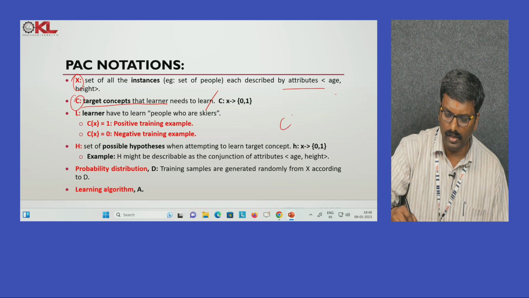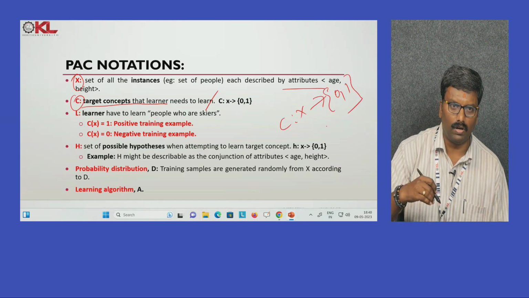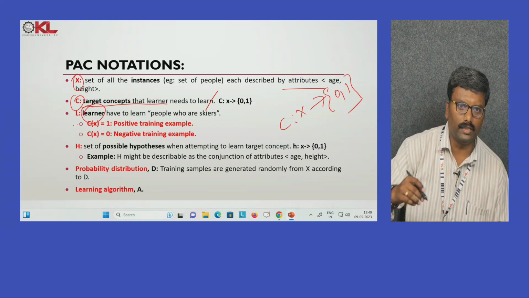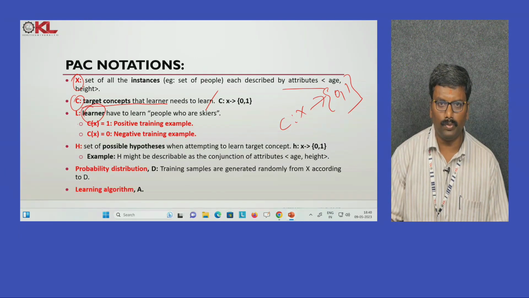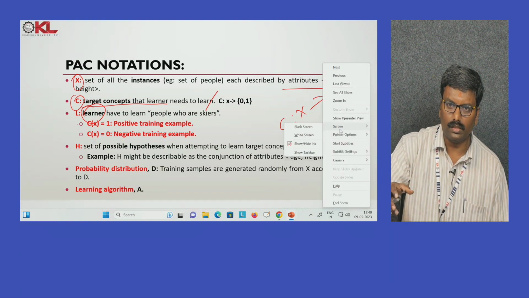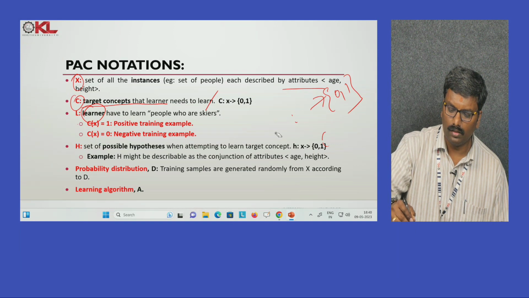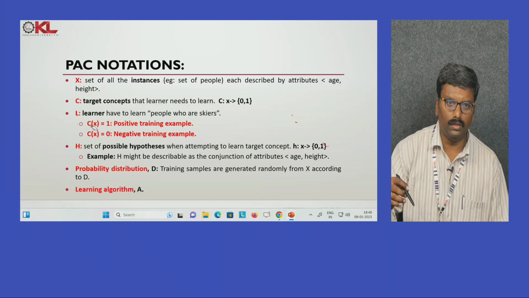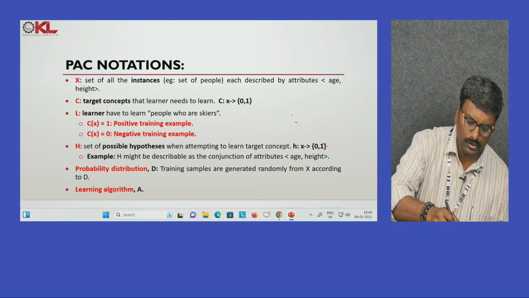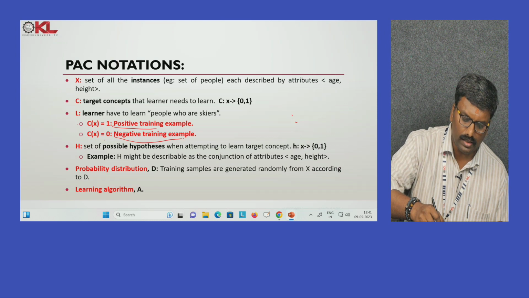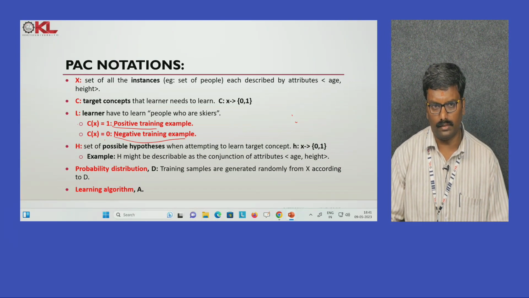C is defined as X mapping to {0, 1}. The third one is the learner, denoted L, which has to learn, for example, people who are strikers. Here C(x) equal to 1 is a positive value, called a positive training sample, and C(x) equal to 0 is called a negative training sample.